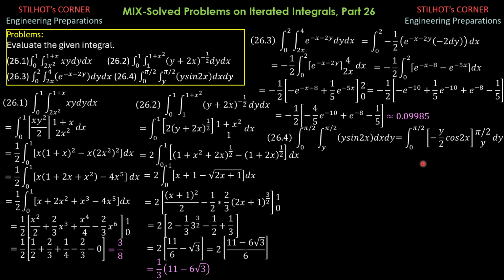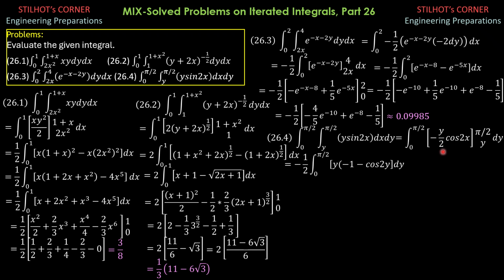So this is now equal to negative 1/2 times quantity integral from 0 to pi over 2 of y times negative 1 minus cosine of 2y. When we factor out negative 1/2, y remains here, then quantity cosine of 2 times pi over 2, that's cosine of pi, and cosine of pi is negative 1.